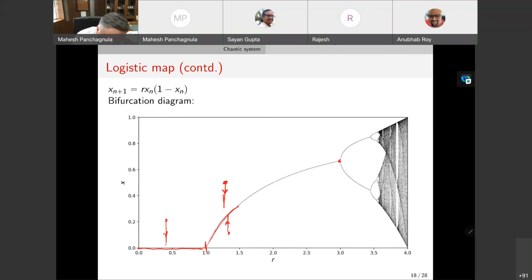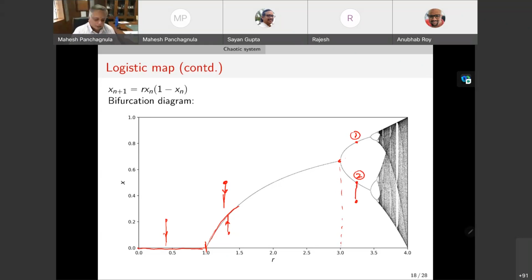Now at this critical value of R at 3, you start to see this bifurcation, that if I now start with an initial condition here for a value of R greater than 3, it's going to evolve to this point and then keep jumping between these two states. So I'll call this 1 and 2.